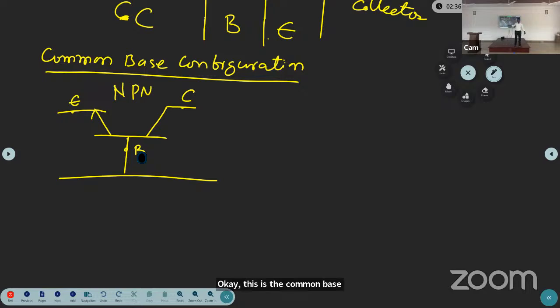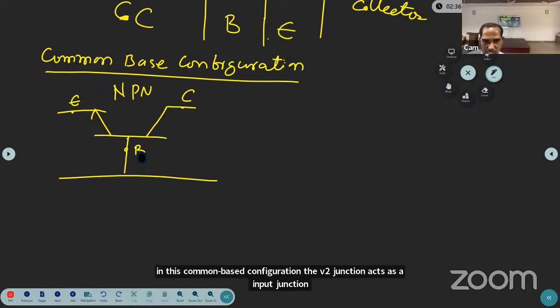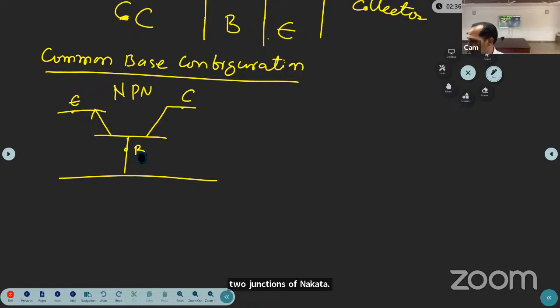Now in this common base configuration, we need to understand the input characteristics and the output characteristics. Which junction acts as the input junction? There are two junctions there: the emitter base junction and the collector base junction. Which junction acts as the input junction?